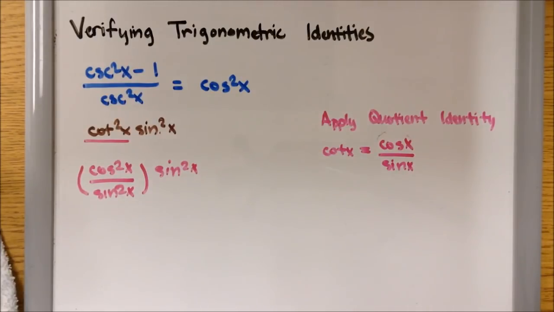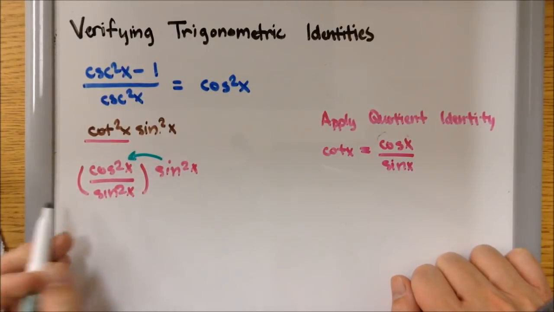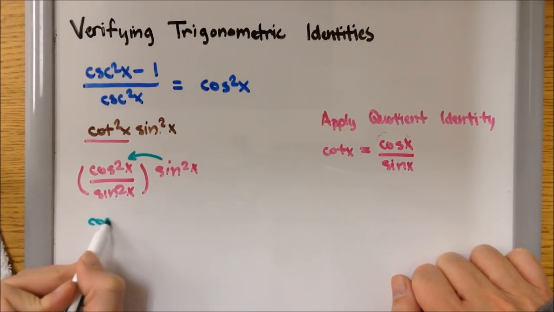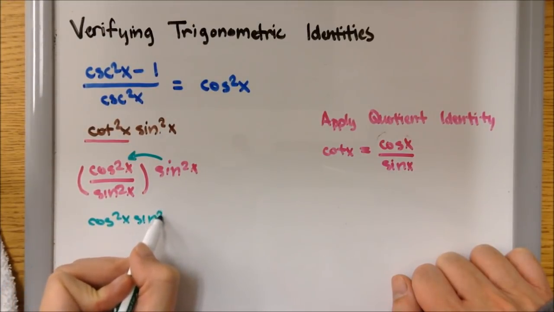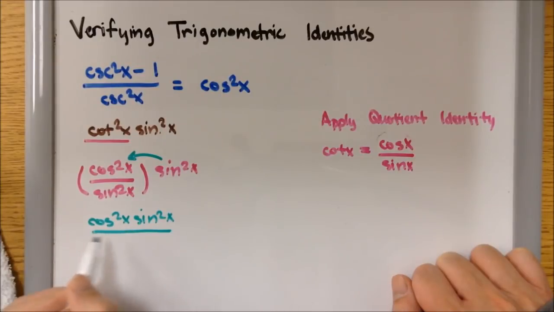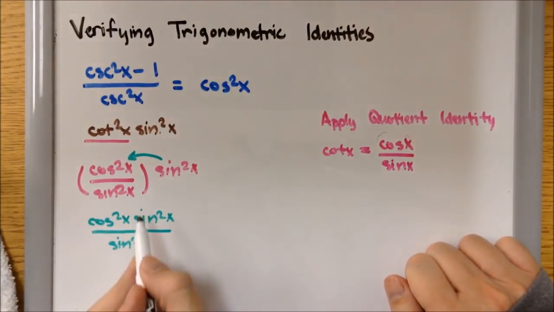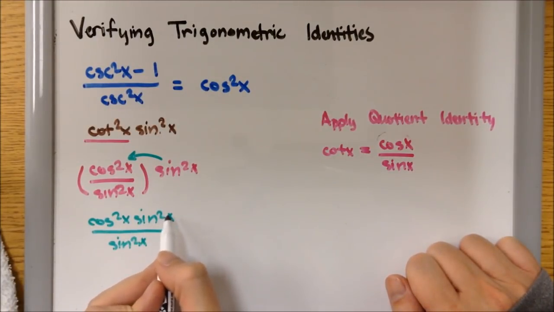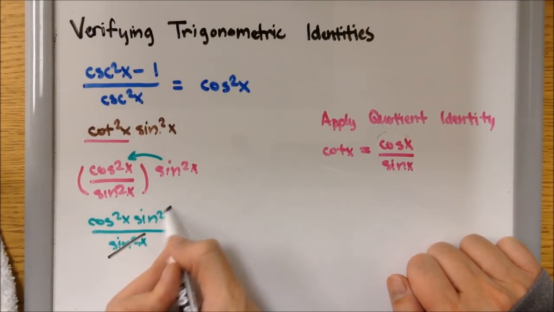Then a fraction times a whole number, same as before, I multiply to the numerator. So it's going to be cosine square x sine square x over sine square x. Now looking at that, there's a common factor that I can divide into 1, because it has sine square x on the numerator and sine square x on the denominator.